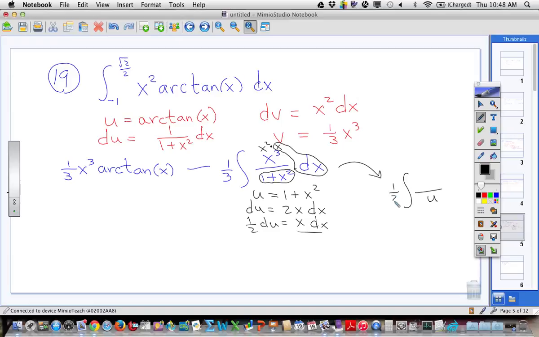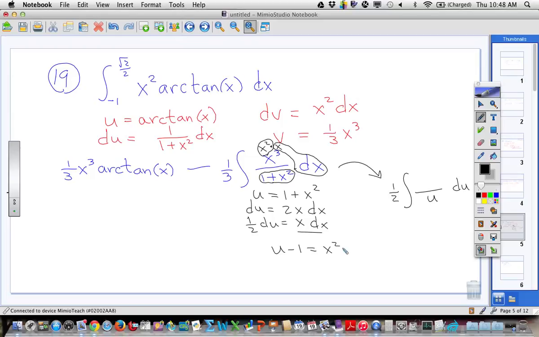So 1/2 and the du I'll put there. And then what's left? There's an x squared there. But what's x squared? u minus 1. We solve, in this case, for x squared.